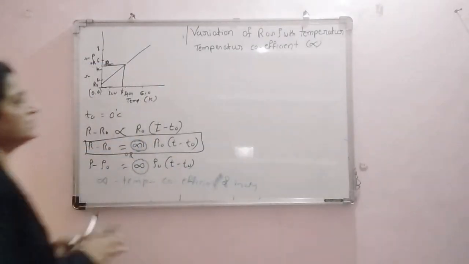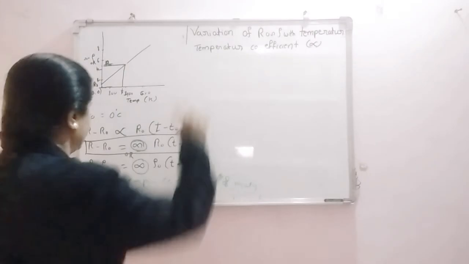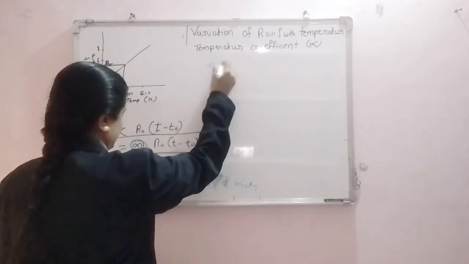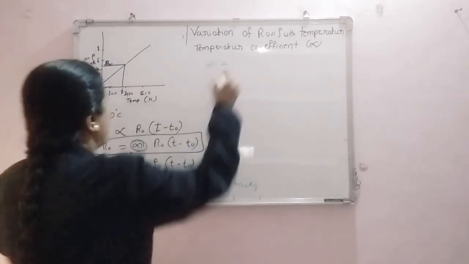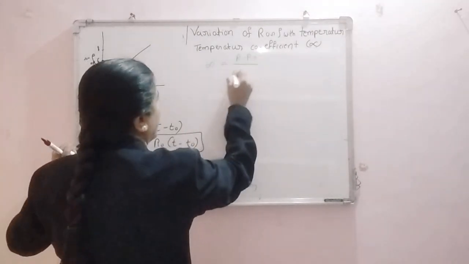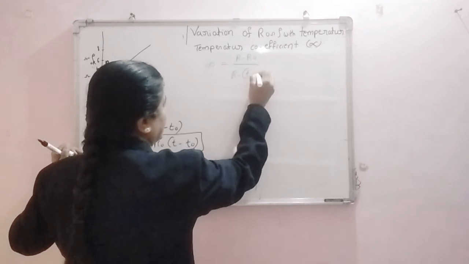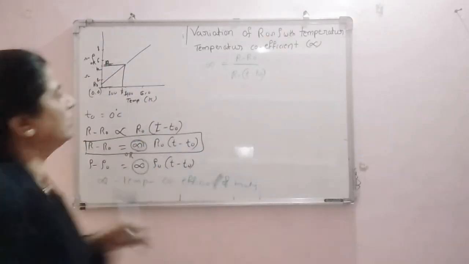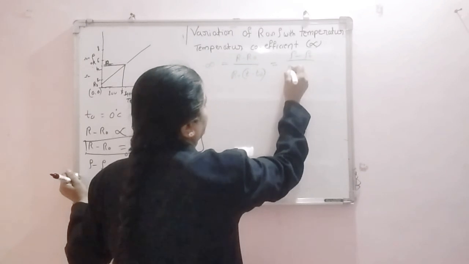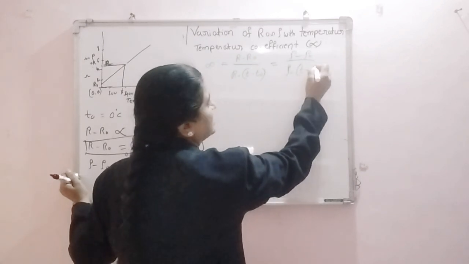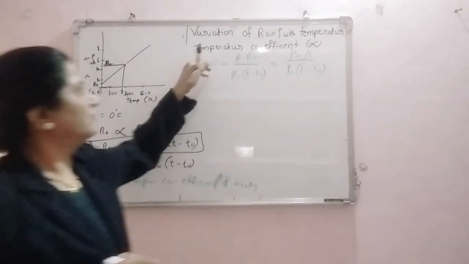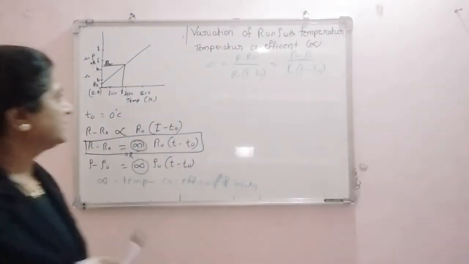So the temperature coefficient of the material we can find using the formula alpha, the temperature coefficient, is equal to R minus R0 upon R0 into T minus T0. So we can write it as rho minus rho 0 upon rho 0 into T minus T0. So from this we can define the temperature coefficient.